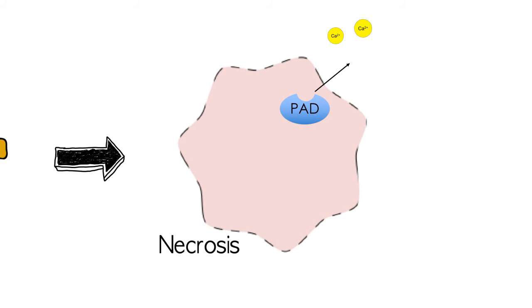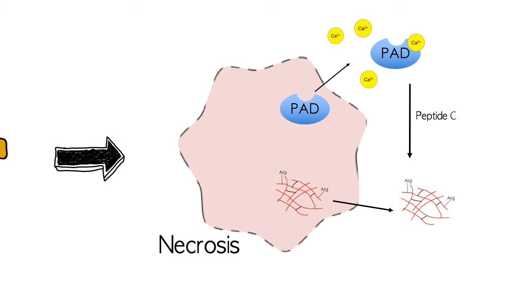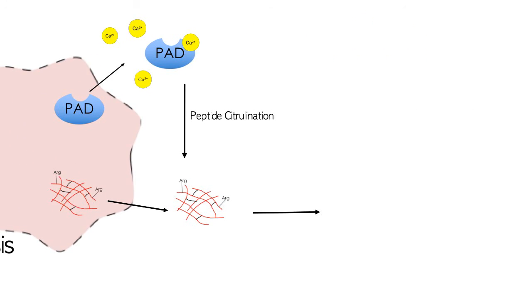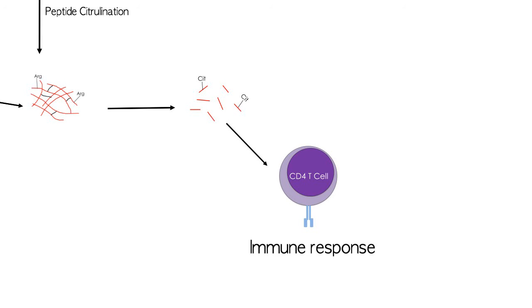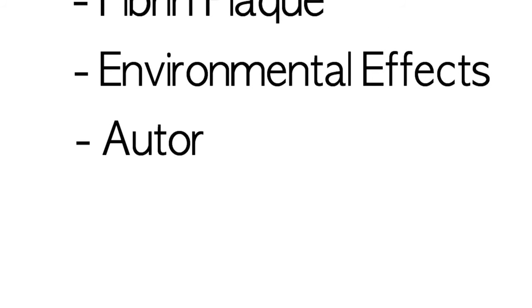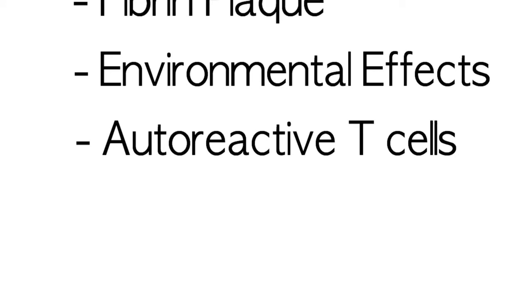High interstitial concentration of calcium ions will activate PAD to deaminate proteins such as vimentin. The peptide of these proteins can then be presented to T cells by antigen-presenting cells, inducing immune response. In addition to environmental factors, some people are genetically predisposed to RA.